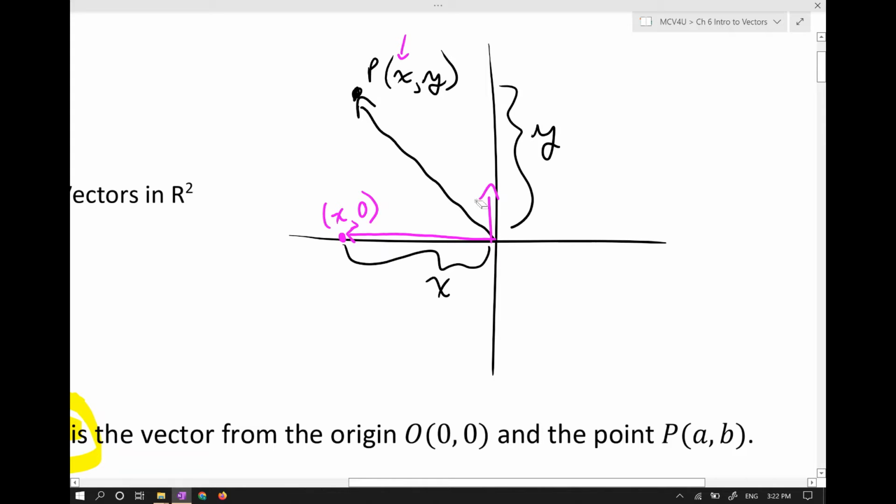And that's great. Now our y vector might be broken down like this, where its x-coordinate is 0 and its y-coordinate is the same y value as point P. So when we're breaking it down into components, we're saying that this vector from the origin to point P is going to be the same as the sum of the horizontal component plus the vertical component, like so.